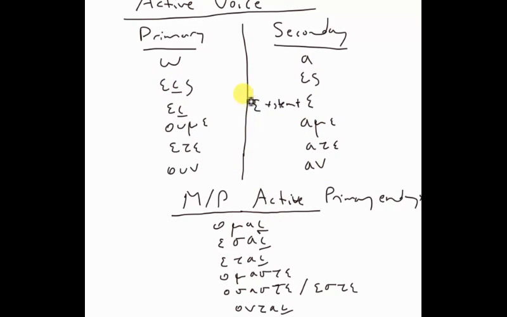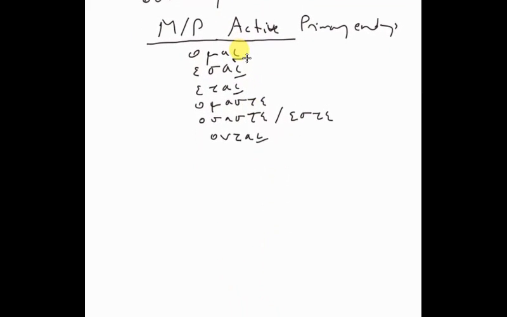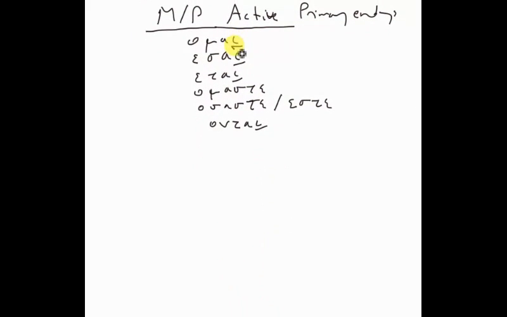So the way that we conjugate the verb in the active is your stem plus your primary endings, krivo. The way we do it now is exactly the same thing, except we use these endings, which are the passive endings. So this is your active primary ending.